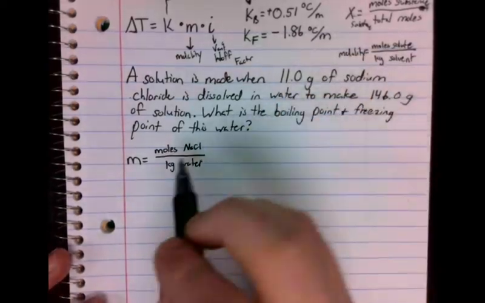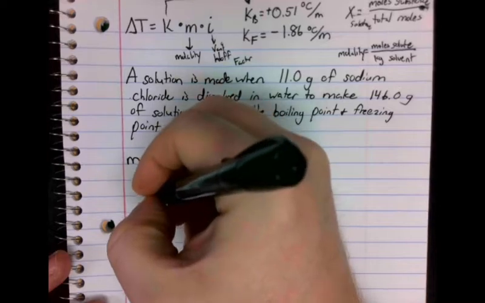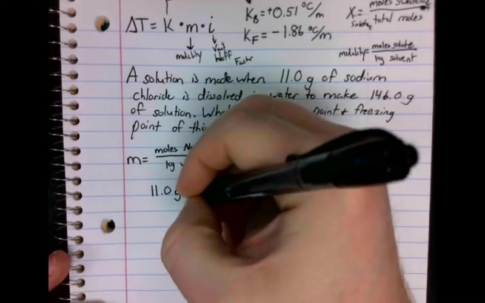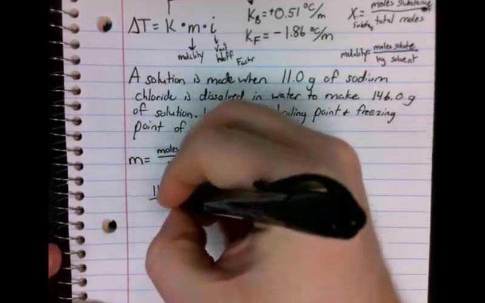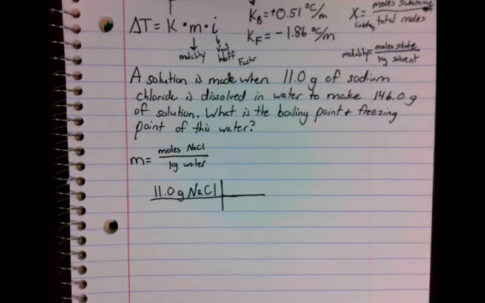So first we need to figure out how many moles of NaCl we have. Well, we know we're starting with 11 grams, so that's 11.0 grams of NaCl. And we're going to have to use our skills with dimensional analysis. I was looking around for a periodic table, and I don't have one close.